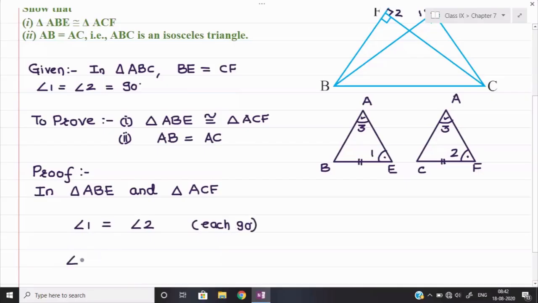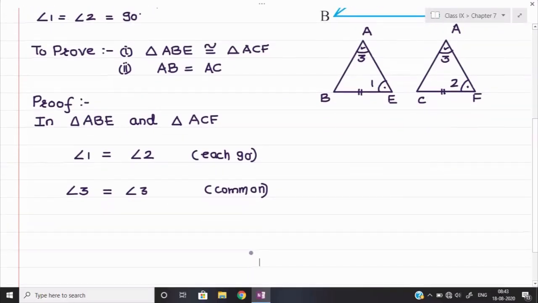Similarly, angle 3 is equal to angle number 3, that is with the help of common. Now third one is BE and CF are equal. So BE is equal to CF, that is with the help of given.